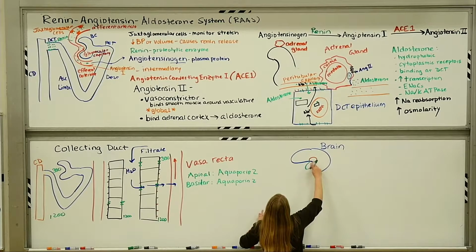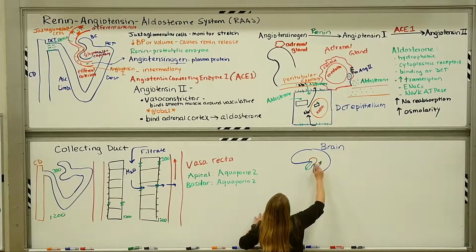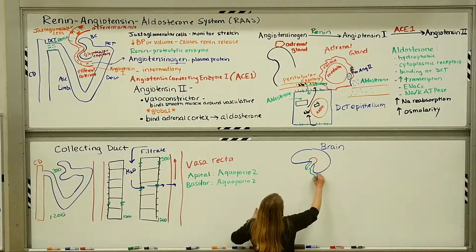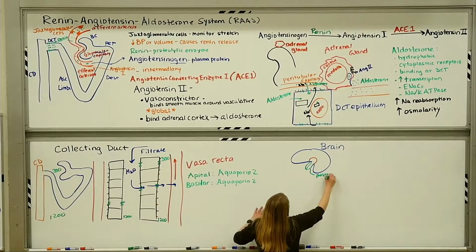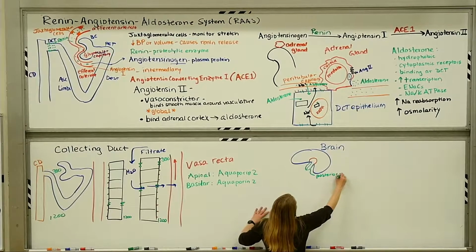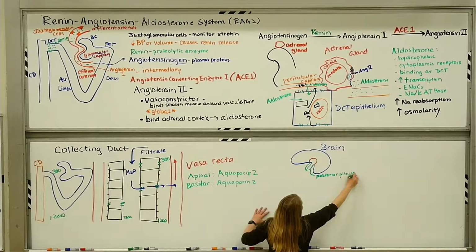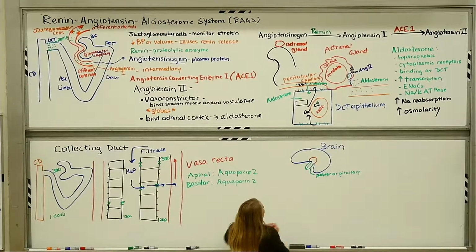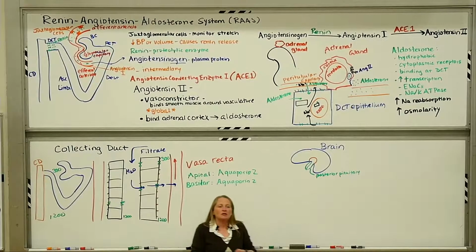But we said that the pituitary has two separate regions. One is the anterior pituitary and one is the posterior. So the anterior is the one we really focused on when we talked about endocrine.